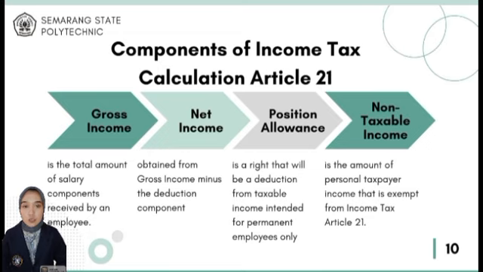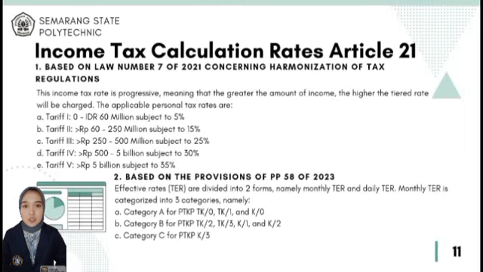Position allowance is a right that will be a deduction from tax income intended for permanent employees only. Non-taxable income is the amount of personal taxpayer income that is exempt from Income Tax Article 21. And last, Income Tax Calculation Rate Article 21.